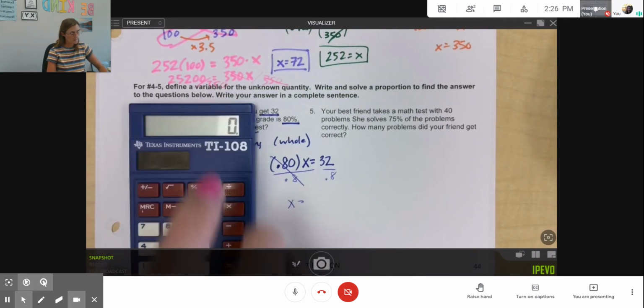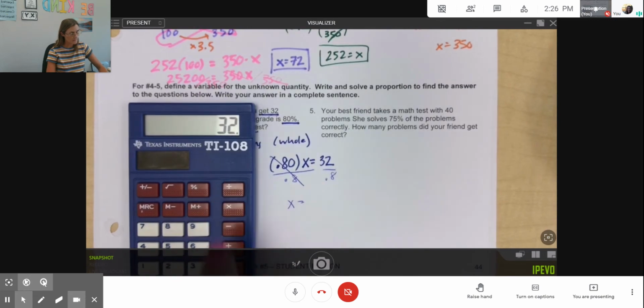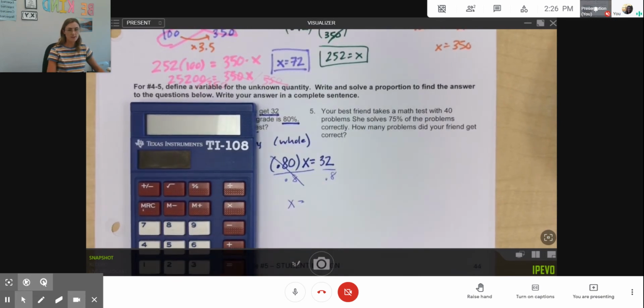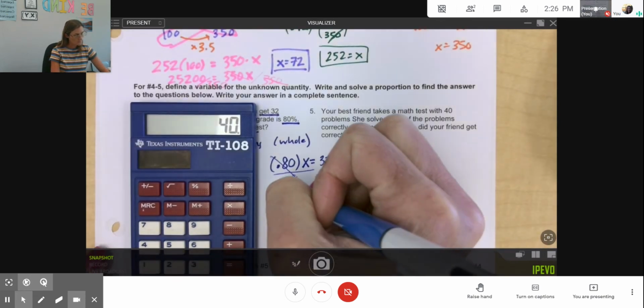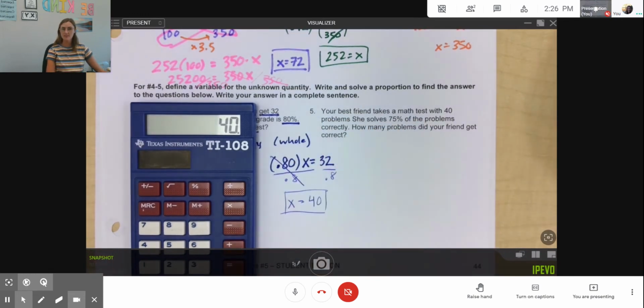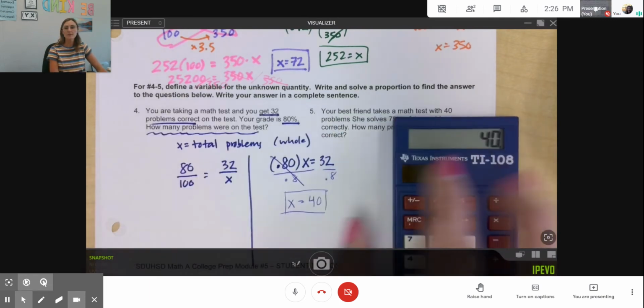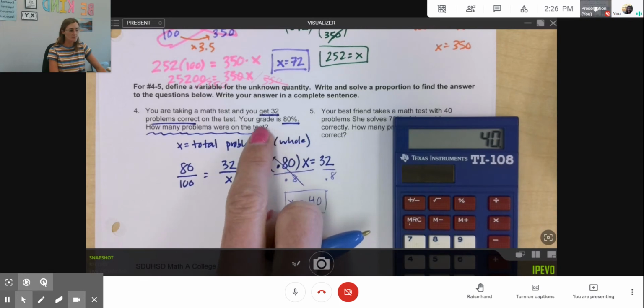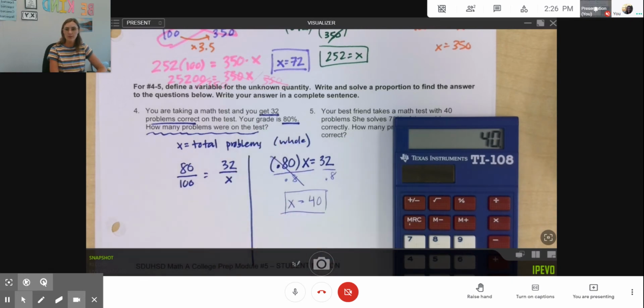And then I can type in 32 divided by 0.8 is equal to 40 questions. And then I have to ask myself, does that make sense? Are we looking for a larger part or a smaller part? And it does make sense because it gave us the part of the test, which was 32 questions, and we were looking for the whole.